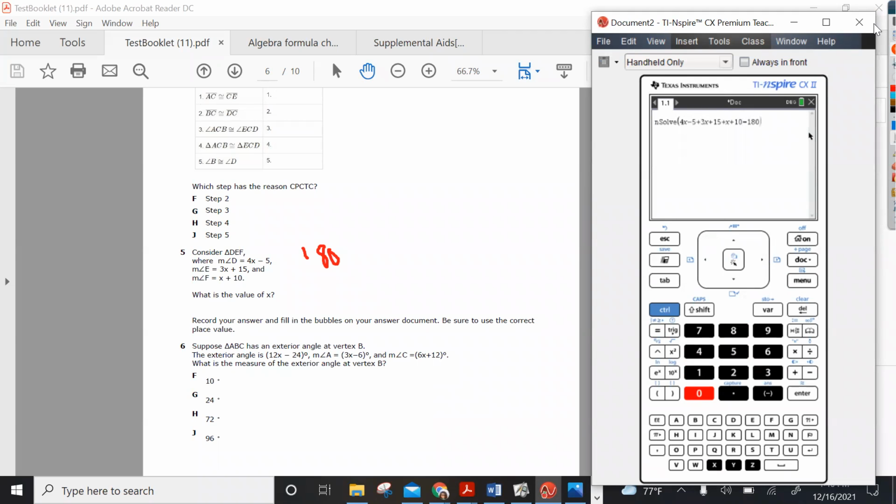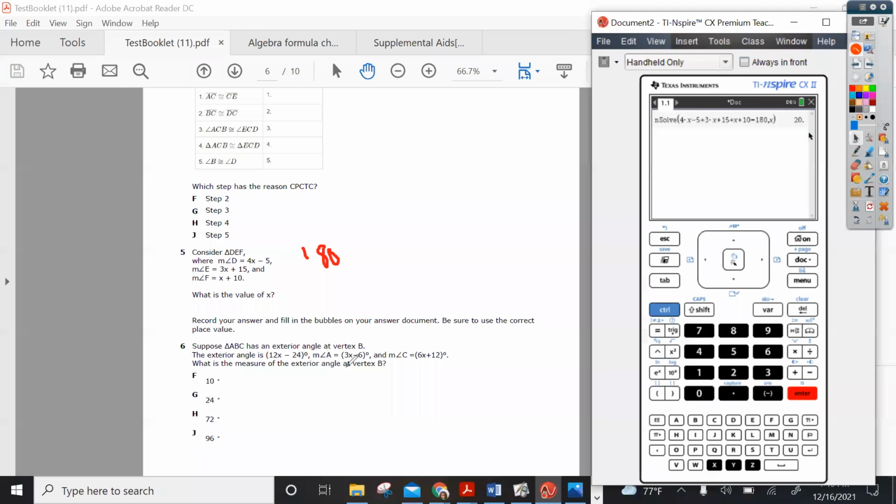And to solve for x, you hit comma x and press enter, and it says 20. So x equals 20. Now, when you're typing this in on your computer, you're only writing 20. So 20. Okay, I'm going to go ahead and clear.